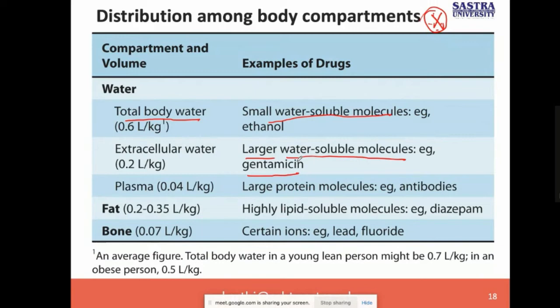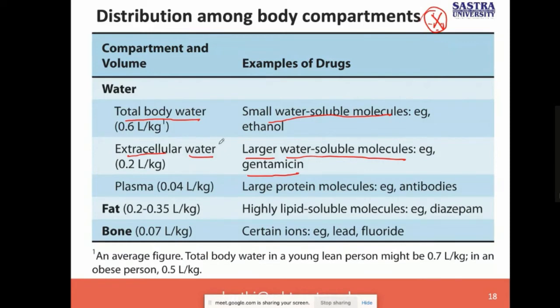But if you look at the functional groups present in gentamicin, most are polar functional groups, which enhance water solubility. So if the drug molecule is larger in size and water soluble, in which compartment can we find it during distribution? We can find this type of molecule in the extracellular part.